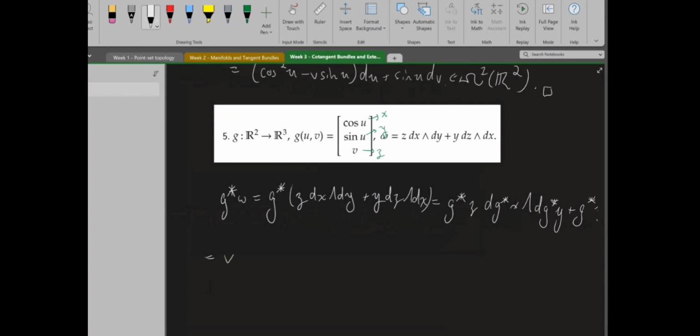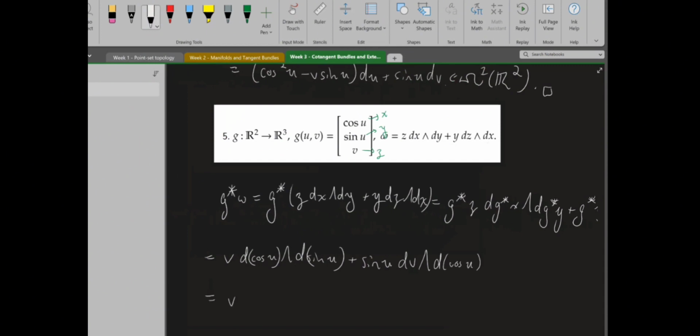So g star of z is just v dx, which is cosine u, wedge dy, which is sine u, plus, and then you have y up here, so that ends up being sine u, dz, which is v, wedge dx, which is cosine u.